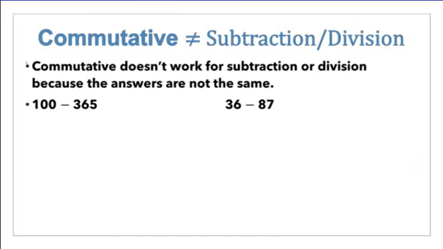And let's look at the commutative property in dealing with subtraction and division. The commutative property does not work for subtraction or division because the answers are not the same. So like if I were to take 100 minus 365, that would give me an answer of a negative 265.